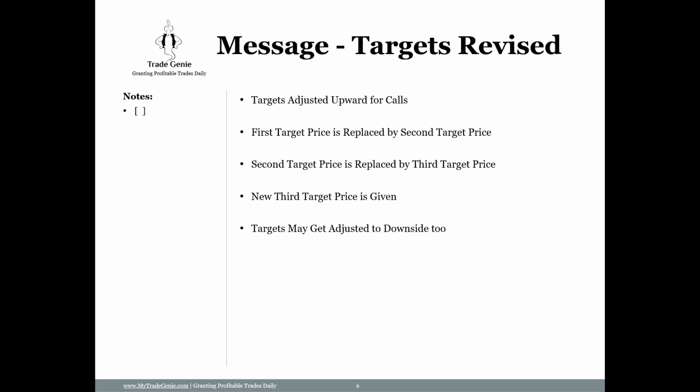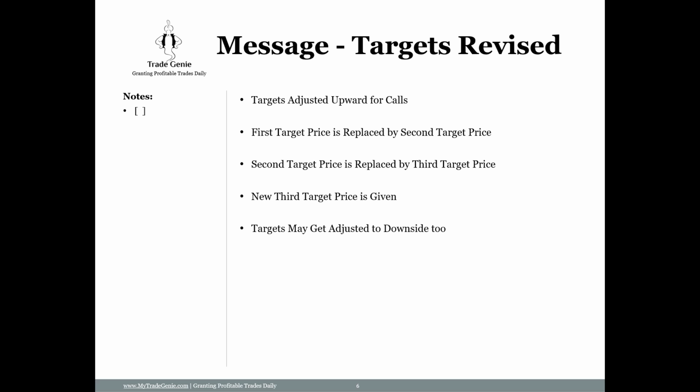Maybe the first target did not hit, but the gains are already there, 25%. Or the second target has not hit, but we have a 50% gain in the option. So that can happen. So I send you the alert that even though the second target is not hit, we have a 50% gain, so sell half of your position.